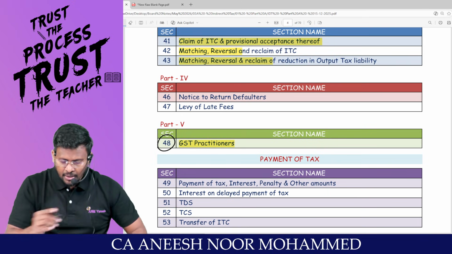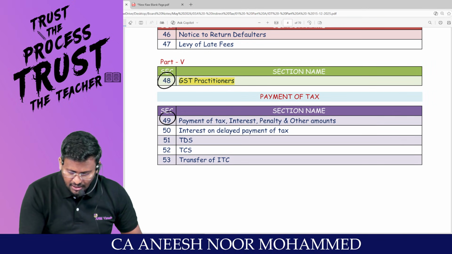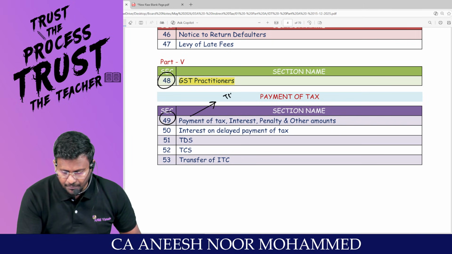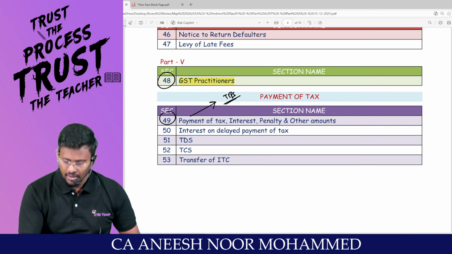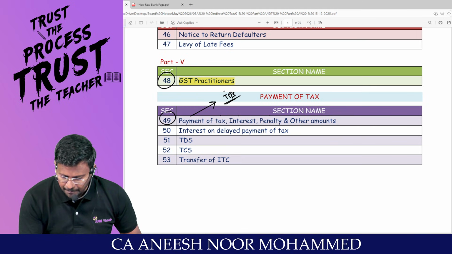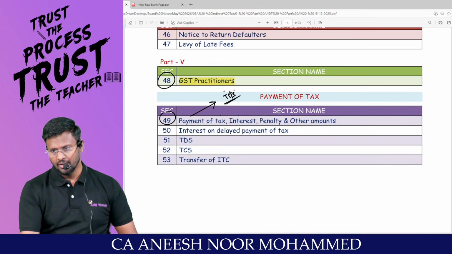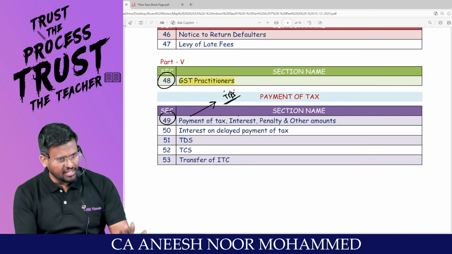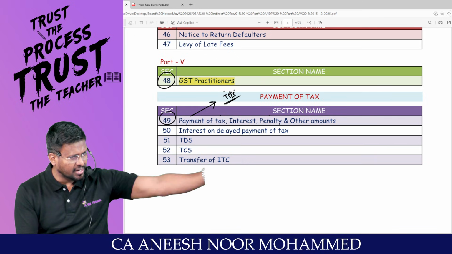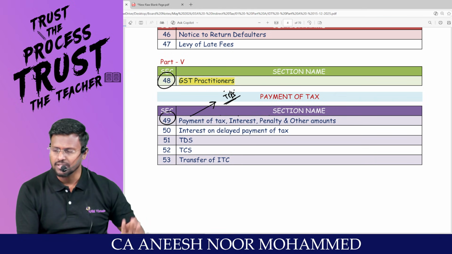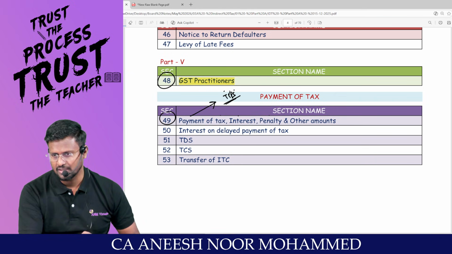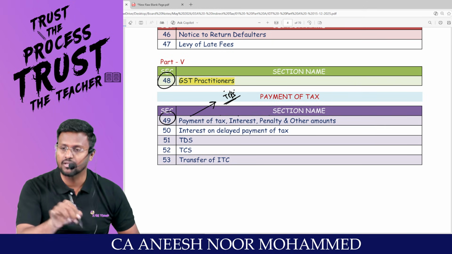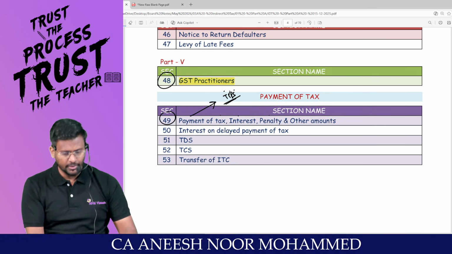Section 49 is what? Tax, interest, penalty or any other similar sum. At the time of filing the return, you are supposed to pay tax, interest, penalty or any other similar sum like late fee. Are you all with me?